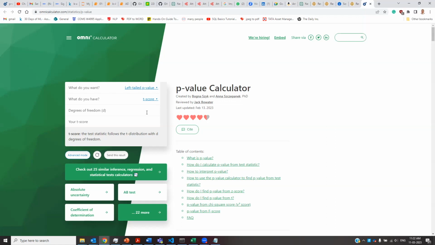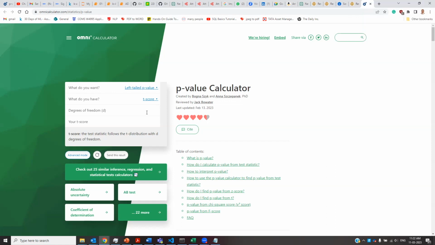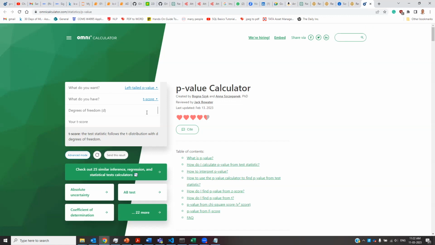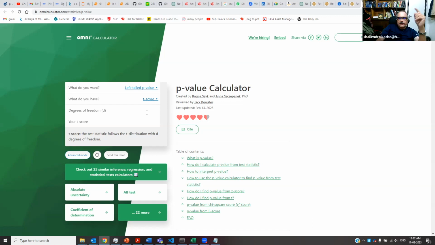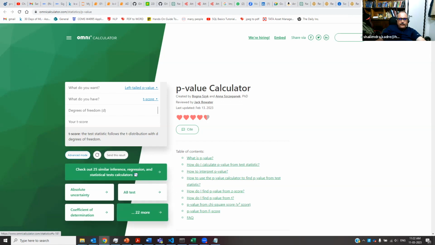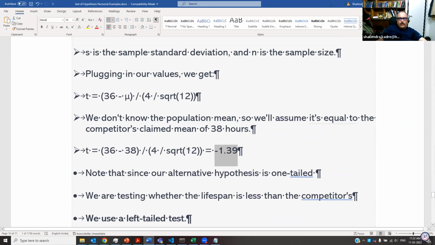Amit bhai, what is n equal to? How much is the value of n? The value of n is nothing but 12.